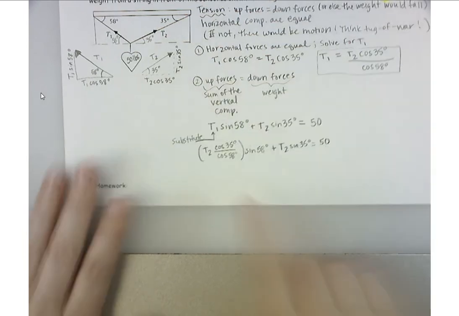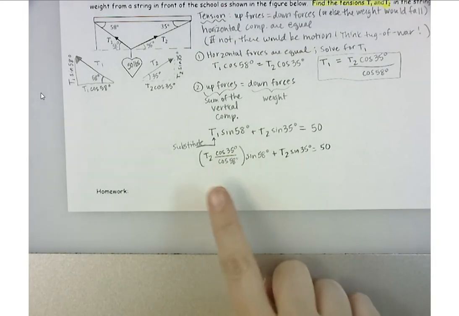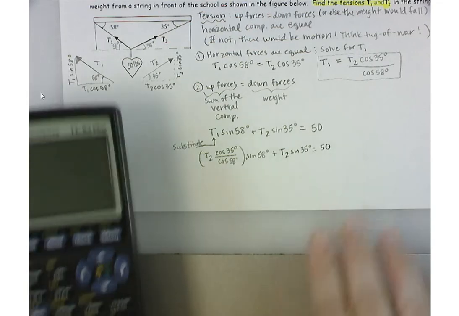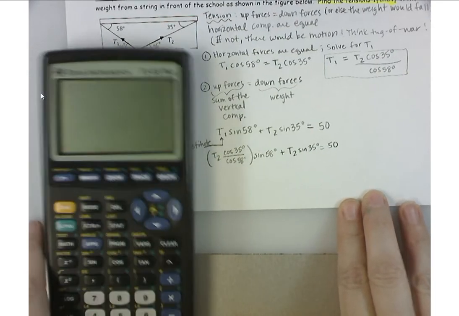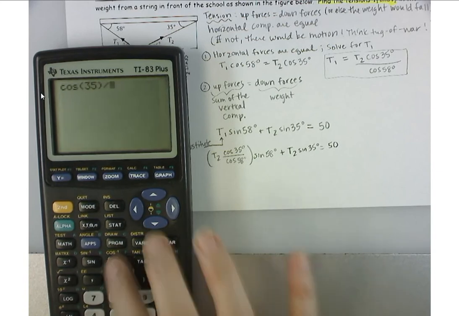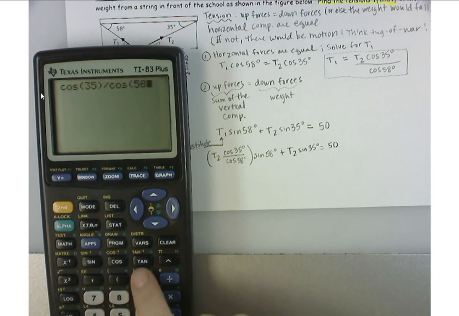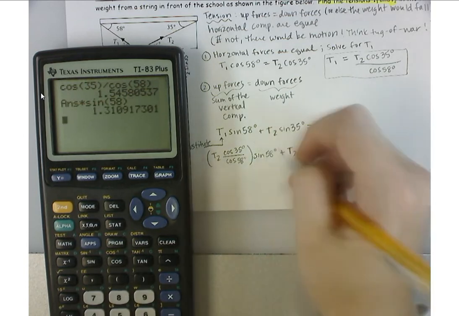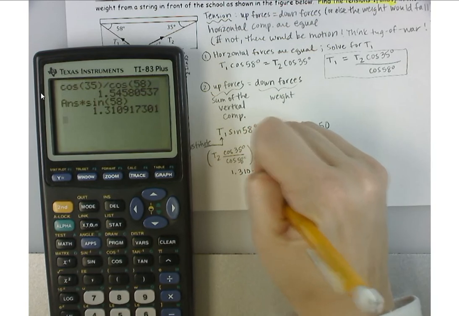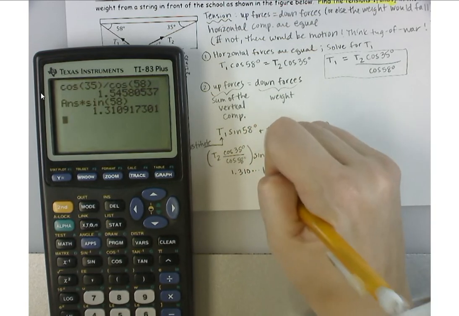Okay, and then we're going to do the calculations in our calculator, and we're going to keep them that way until the very end. So when I do the cosine of 35 divided by the cosine of 58 and multiply that by the sine of 58, I might write on my paper 1.310 dot, dot, dot, which shows I'm keeping that.